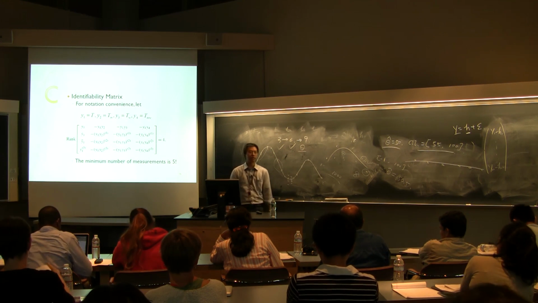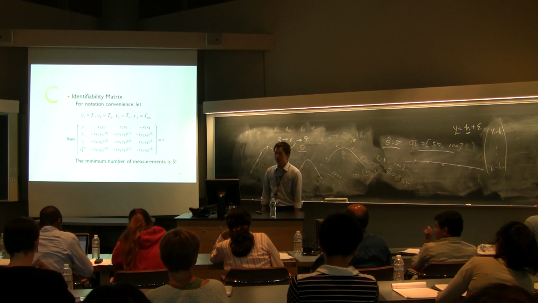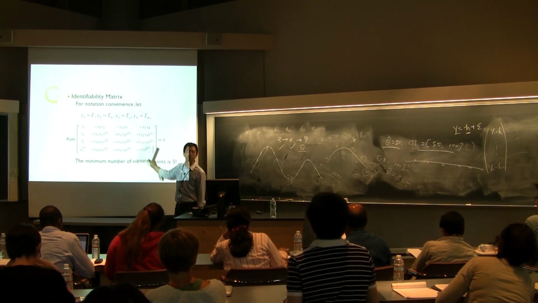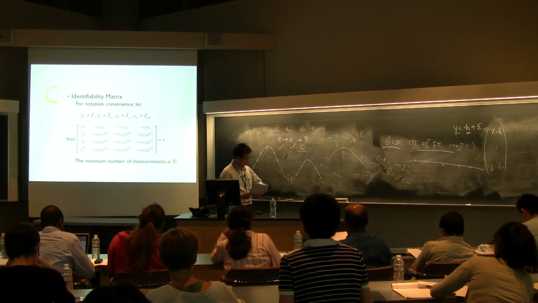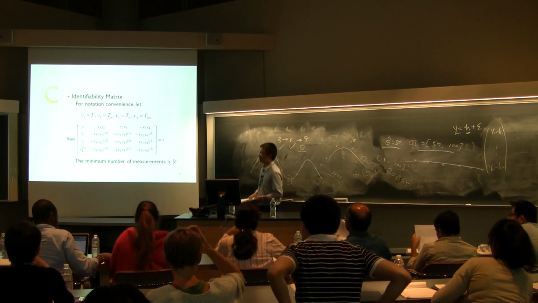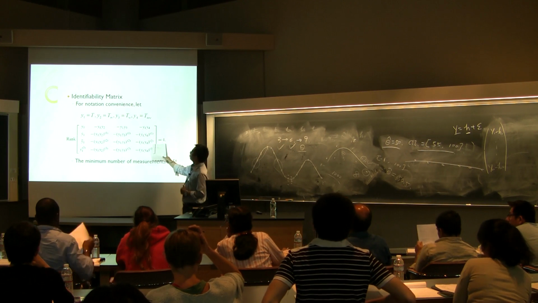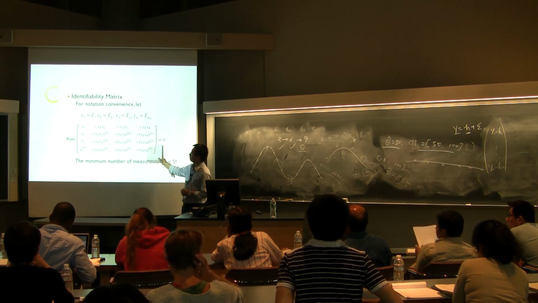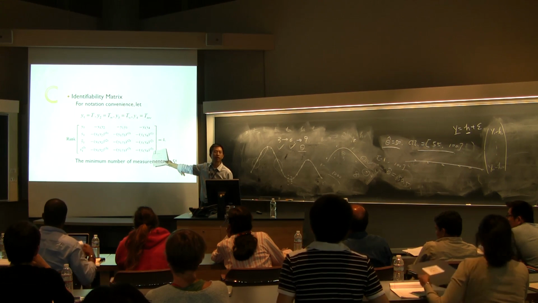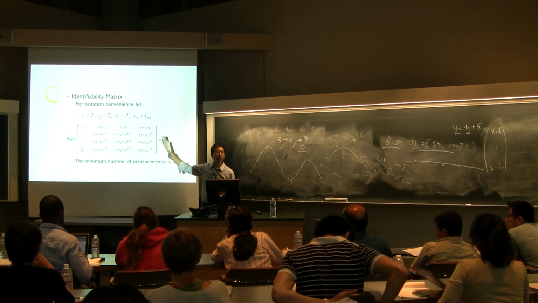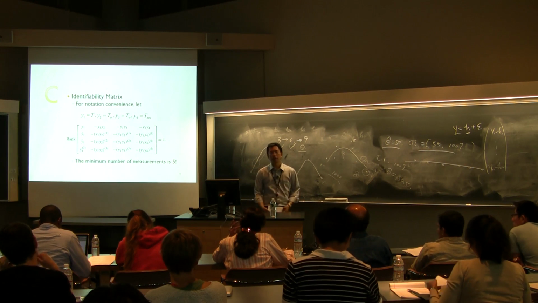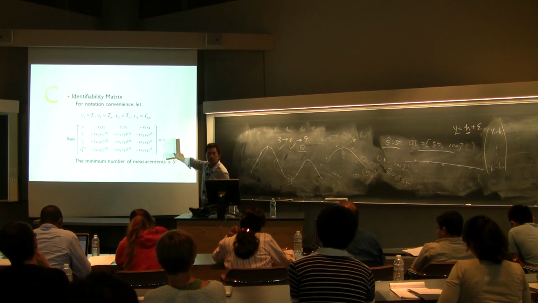When we do the identifiability analysis, we form this matrix. After we check this matrix, if the rank of this matrix is 4, then all the parameters are identifiable. That's our conclusion. However, that's not the point here.